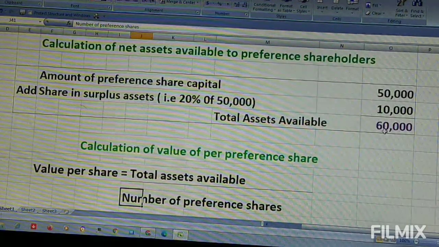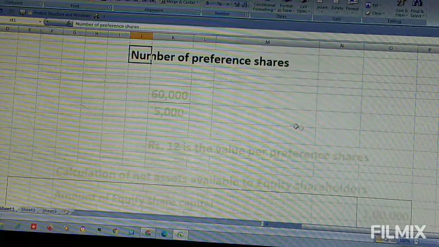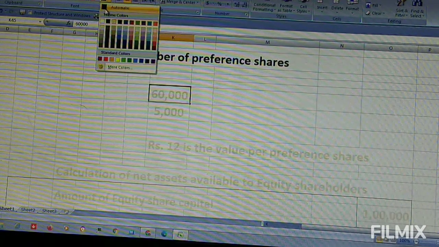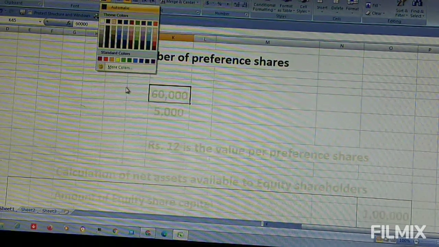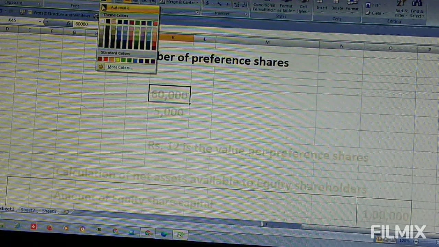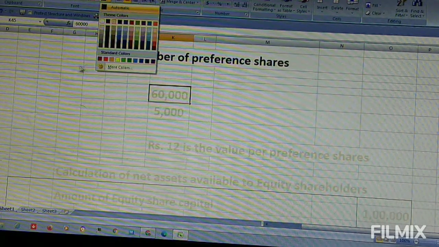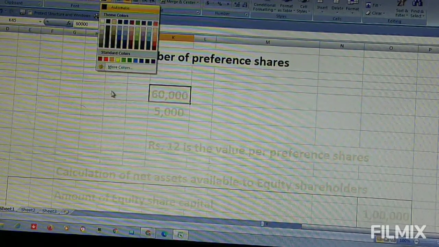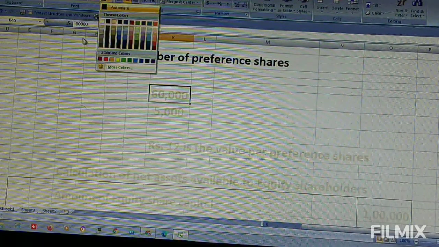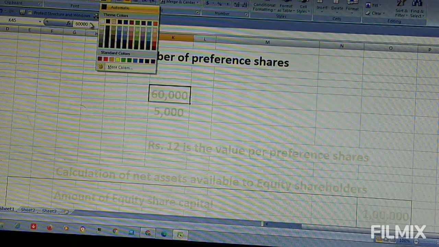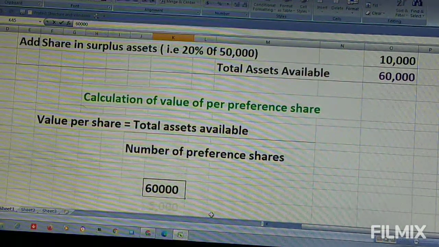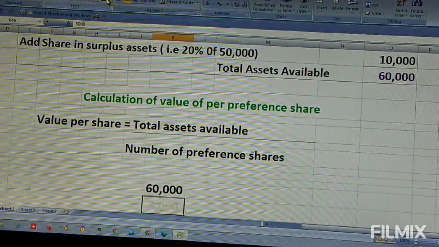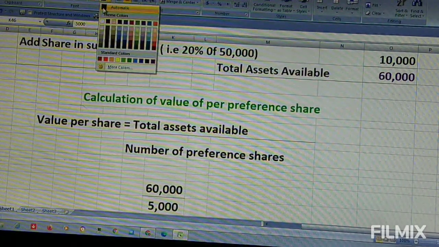Total assets available for preference shares is 60,000, divided by 5,000, which is the number of preference shares.